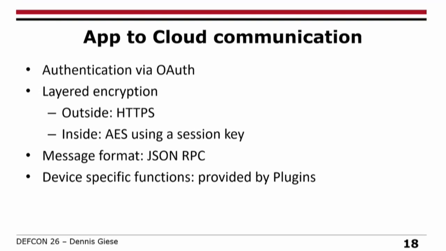The message format here is JSON RPC, and the interesting function here is that the home app actually doesn't have all the functionalities which are required for the devices, but the app is downloading plugins after that. So as soon as you add a new device to your app, it automatically downloads in the background a new plugin, and the functionality is provided by the plugins.